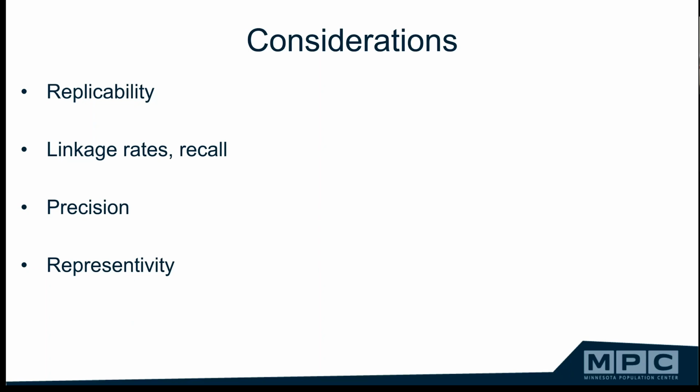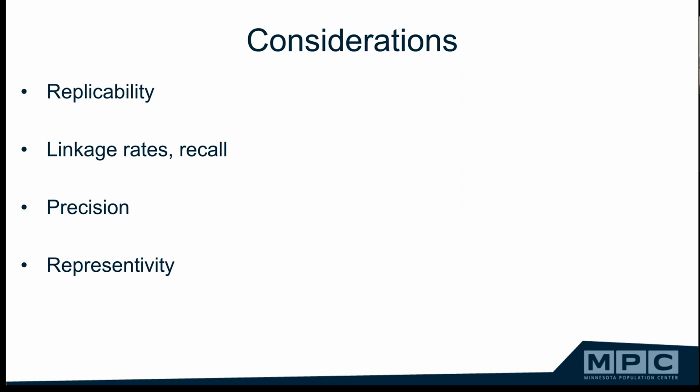From this perspective, probabilistic approaches are slightly more tricky, simply because they basically always rely on training data that's generated by the researcher themselves. So if someone else were to create their own training data and replicate a probabilistic approach, even though they perfectly replicate the approach, based on the difference in training data, they may come to slightly different conclusions in terms of who they are able to link.